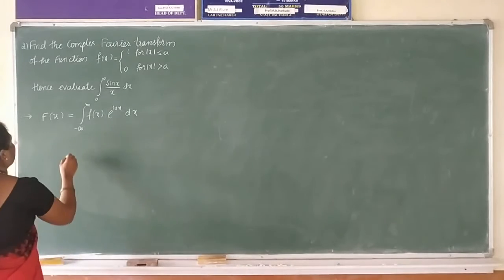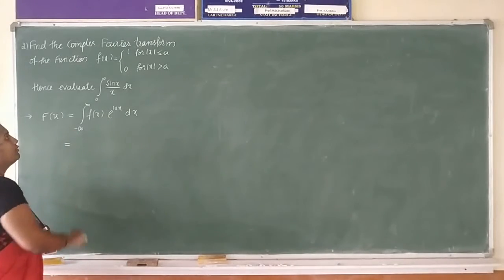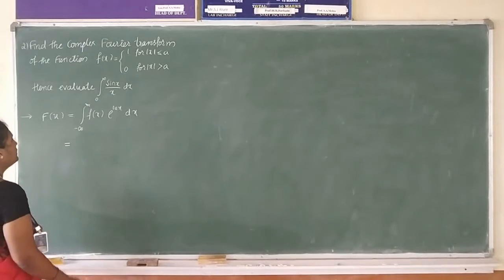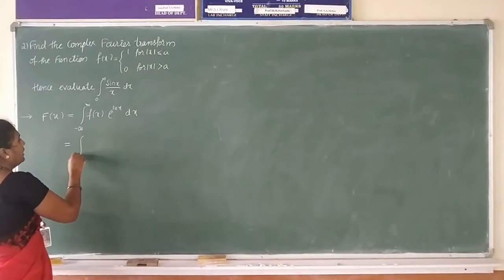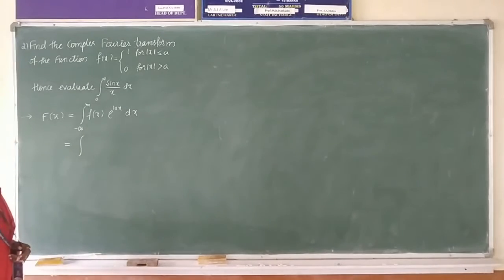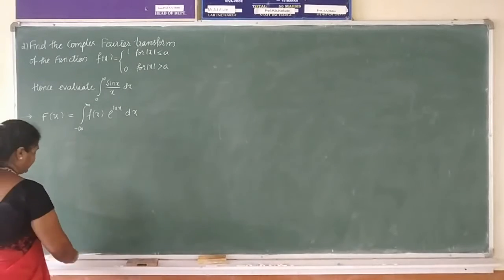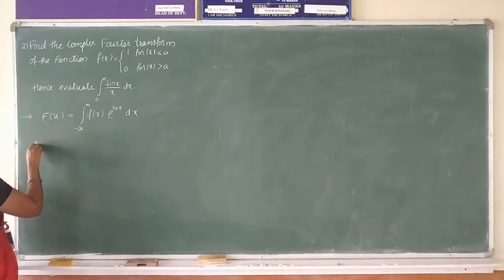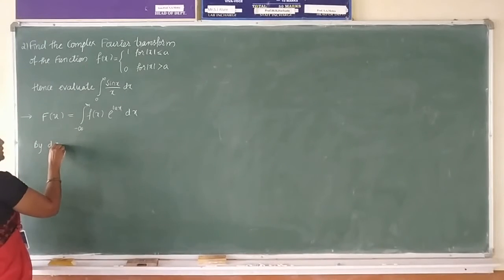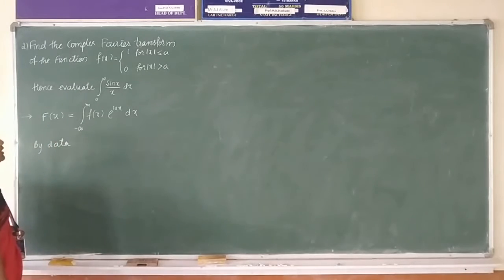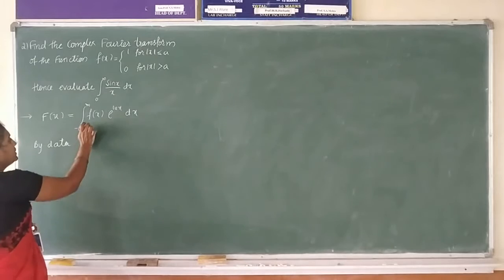Now let us substitute the function f of x here. The function depends on the limits here. By data, two functions are there. We need to consider any one of these, depending on the interval.